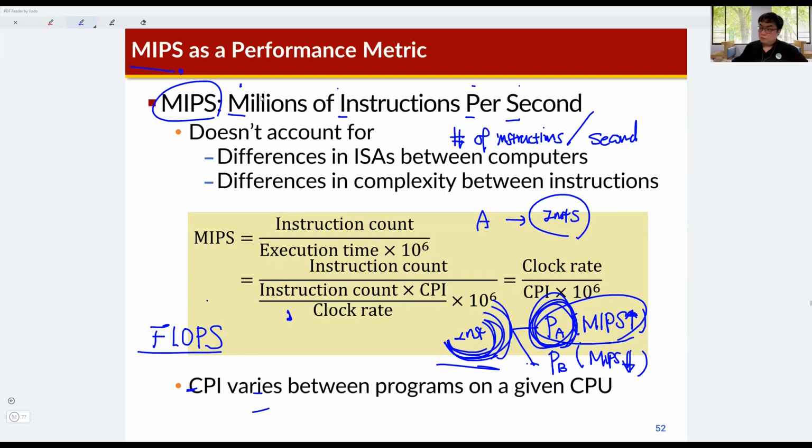For example, neural network applications frequently use the floating point data type. That's why FLOPS are important.